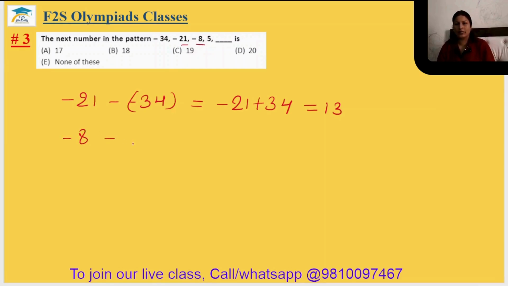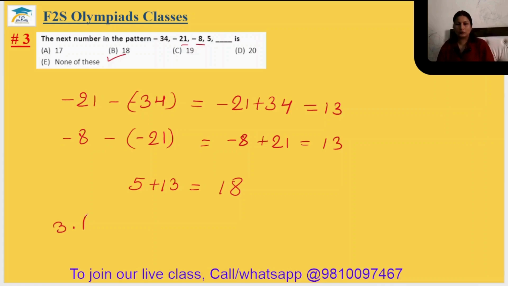Minus 8 minus minus 21, so minus 8 plus 21, that is again 13. It means the next number is coming after adding 13, because minus 8 plus 13 equals 5. So the next number will be 5 plus 13, that is 18. That is option B. The third answer is option B.